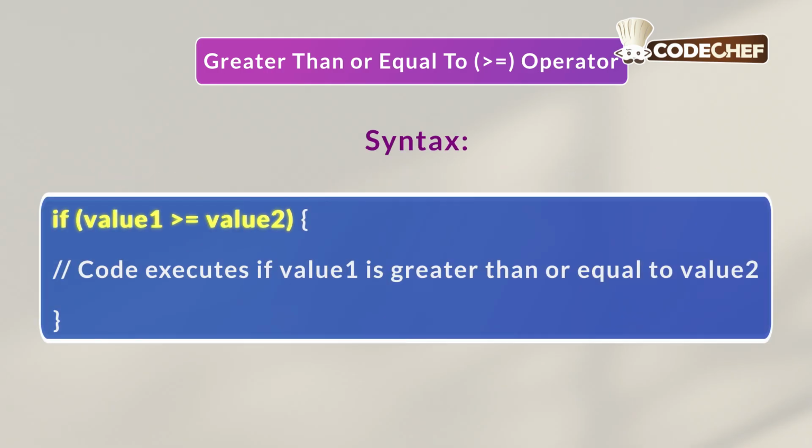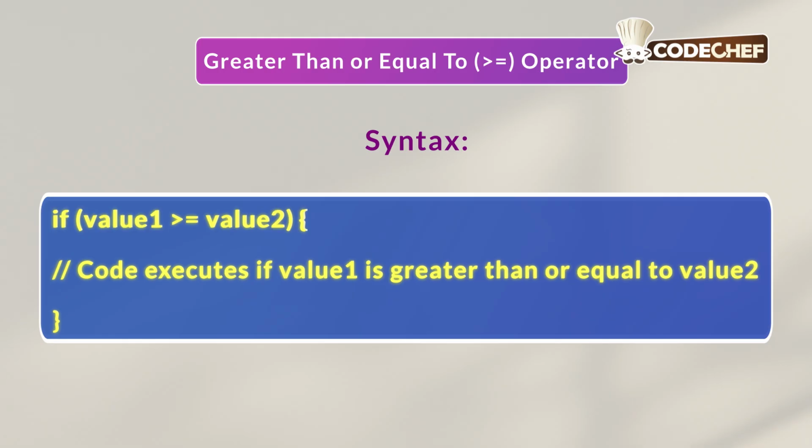If, then inside the condition bracket we have written value 1 greater than or equal to value 2. Then inside the curly brace we will write the code that will execute if value 1 is greater than or equal to value 2.